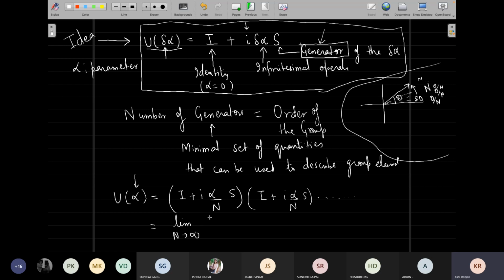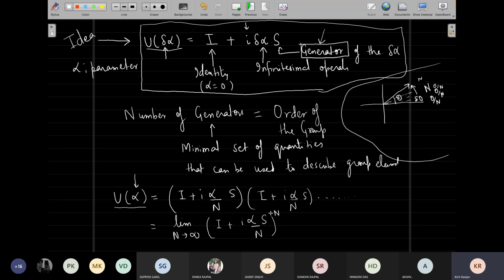So limit n tends to infinity, I plus... So you multiply these n times and then take the limit n tends to infinity, which means that alpha by n is a very small quantity, or the infinitesimal operation. Now, do you see where we are going? If I write U alpha, which is a group element for any finite operation, this is written as limit n tends to infinity of I plus small I alpha S over n, raised to power n.